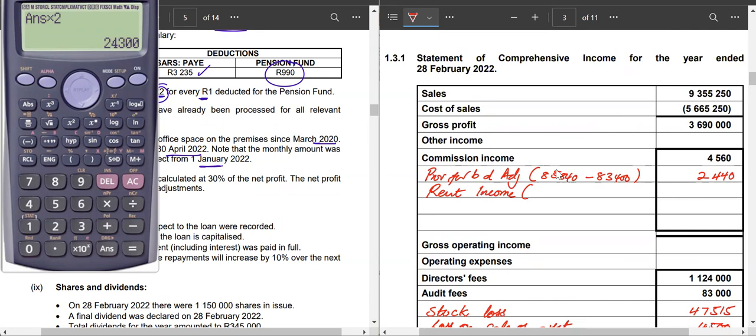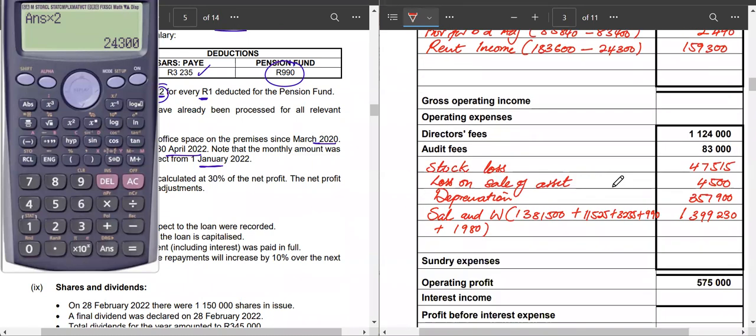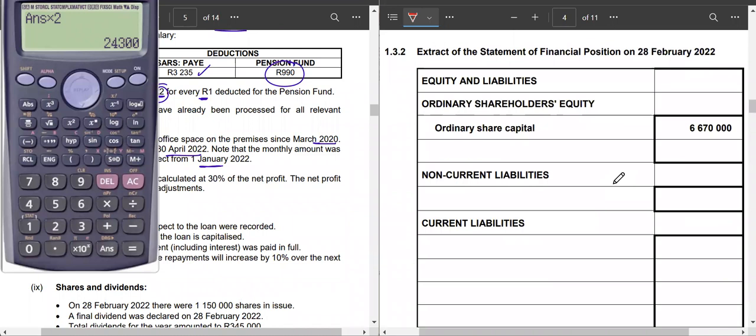My rent was 183.6. Then I subtract my income received in advance for the 2 months, 24,300, and I'll remain with 159,300.